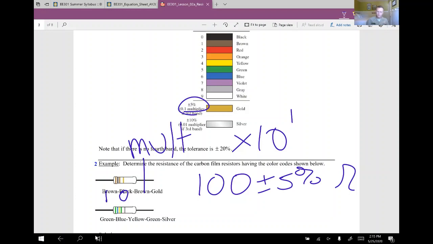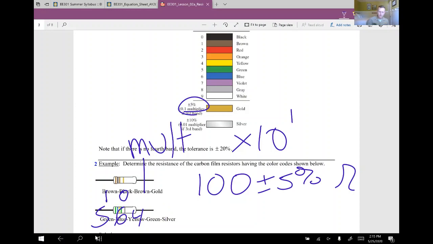You can do this next one. The green is a 5. The blue is a 6. It's a 5-band resistor, and so the yellow is still another number, 564. The green is another 5, right? That one's the multiplier.